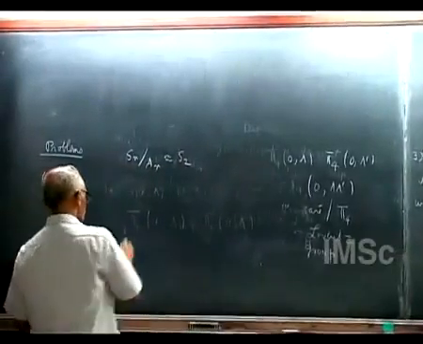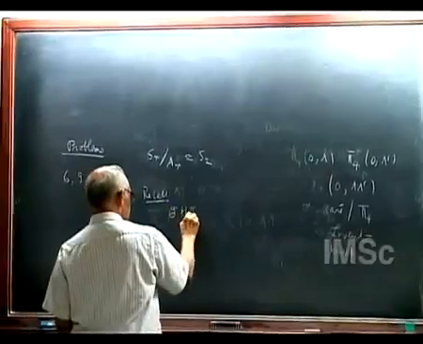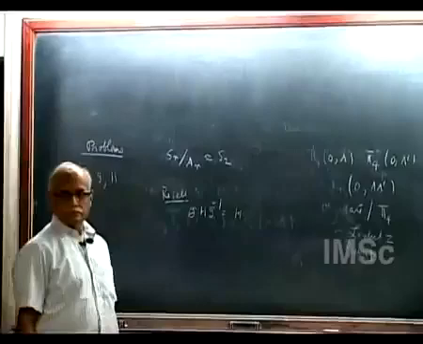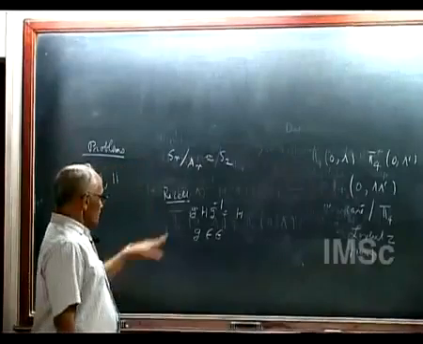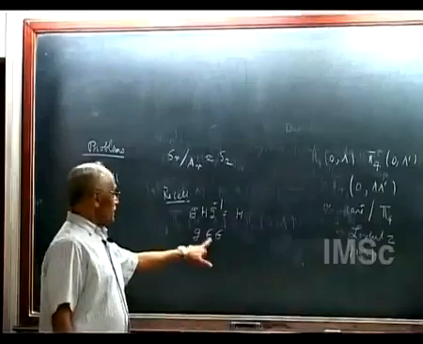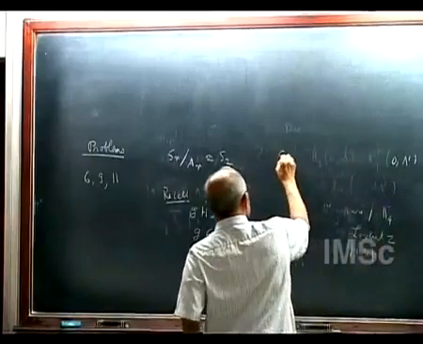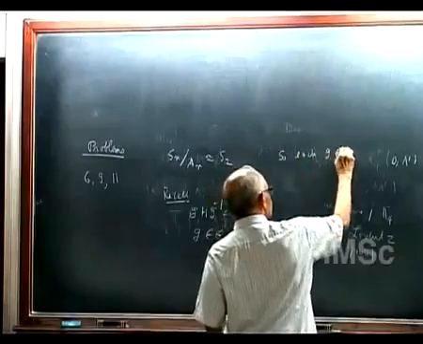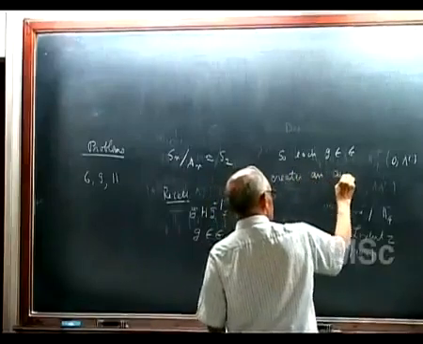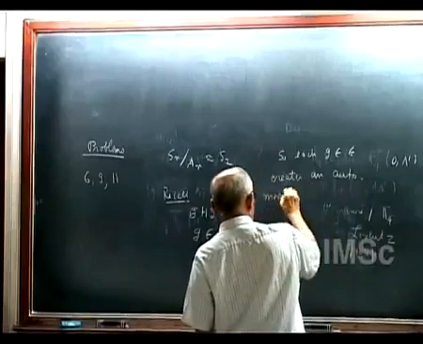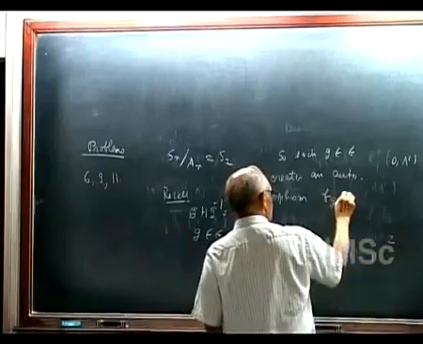Recall, you have G H G inverse equal to H, but G is an element of G. So these elements of G are creating automorphisms of H. Each G in G creates an automorphism, call it f of G. What is f of G of H?